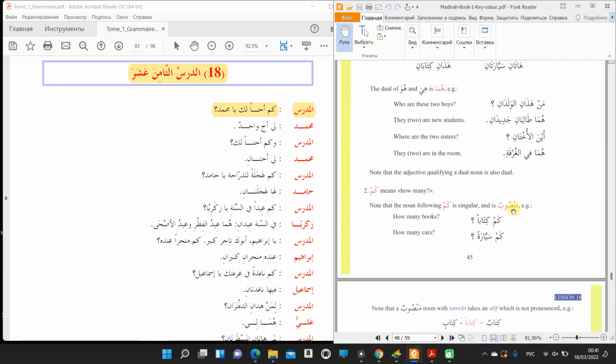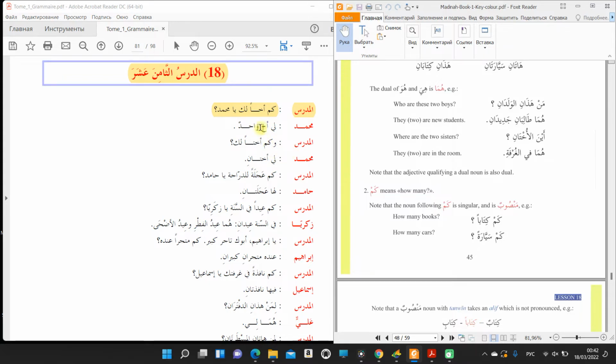The third type is majroor. For example, if a word is preceded by a preposition, for example fi, like in, then it's majroor and it takes kasra. So marfu', normal ending, usually has dhamma. Mansub usually has fatha, and majroor usually has kasra.